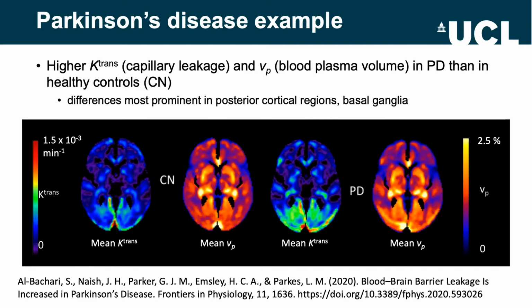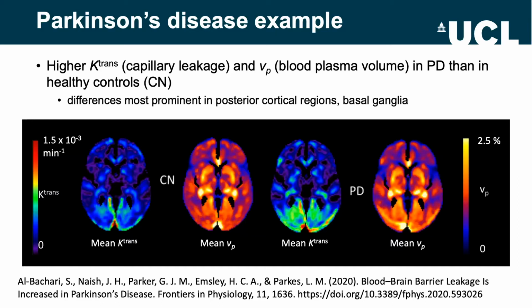So we're now mapping that K-trans parameter, for example, if we look at this map on the left, across the control group, however many that was, 31 controls, to give a group level representation of the level of leakage that you would expect across the blood-brain barrier in a healthy individual.